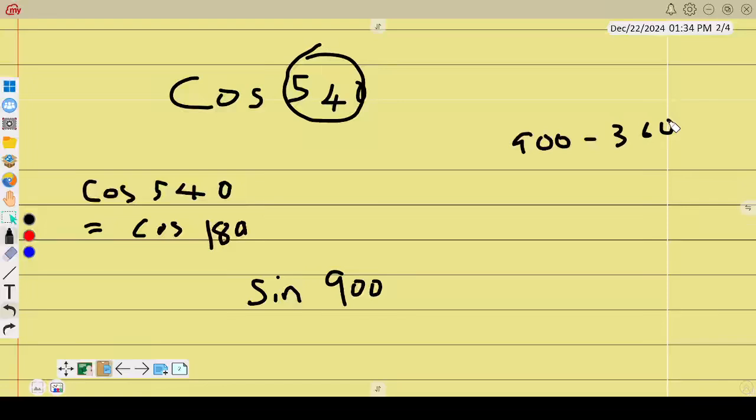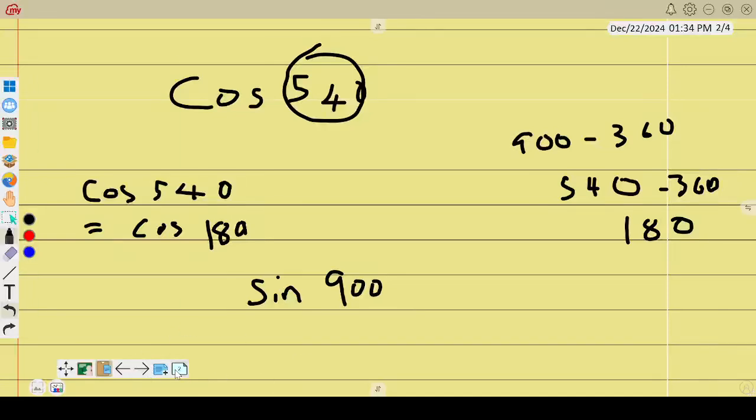What do you get when you subtract? You are going to get 540. So again, you can't work with sine 540. Again, you subtract by 360. You see what you get. You are going to get 180. So that's when you can now work with sine 180. So I just thought I should mention this.